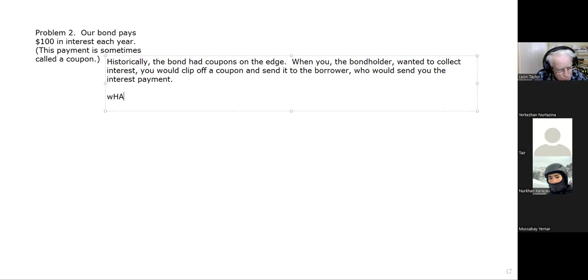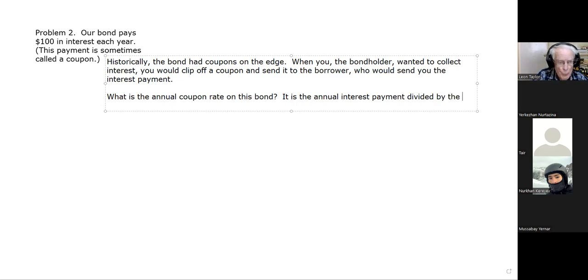Okay, so what is the annual interest rate, the coupon rate on the bond? It is the annual interest payment divided by the initial price of the bond.